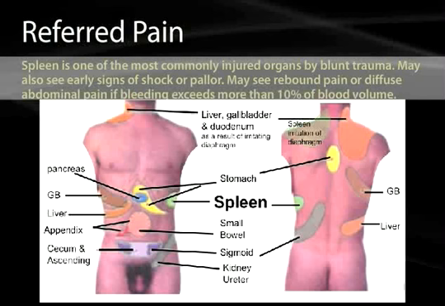As the peritoneal bleeding continues, though, you can expect other areas to become lit up as well from referral. And this is where maybe the nausea will start to come in as well.